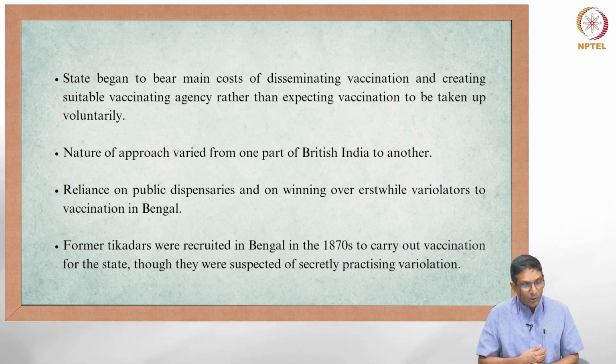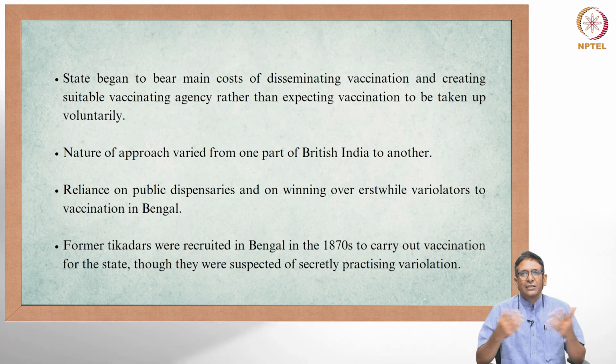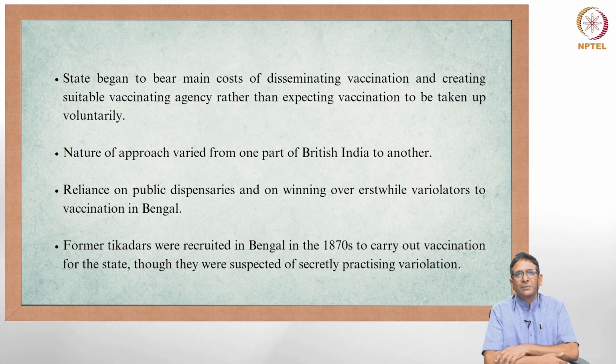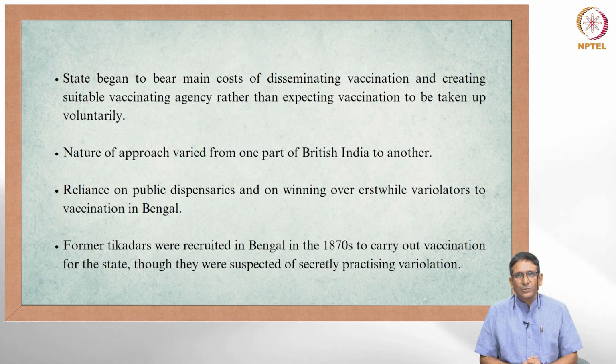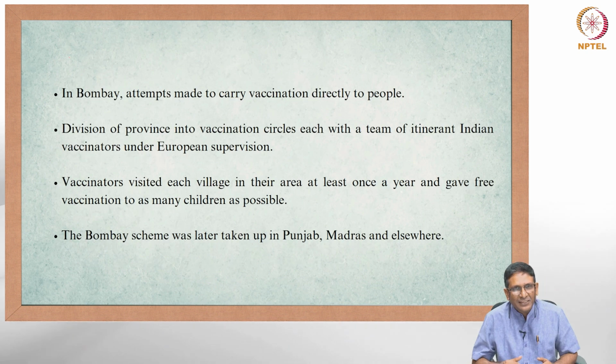For instance, in Bengal, there was a considerable reliance on public dispensaries and on enlisting the support of those who were variolators or tikadas earlier. Such tikadas were recruited in Bengal in the 1870s to carry out large scale vaccination programs. But of course, on the sidelines, they were also suspected that though they were recruited for this, they were secretly practicing their old trade, but nevertheless, they were recruited.